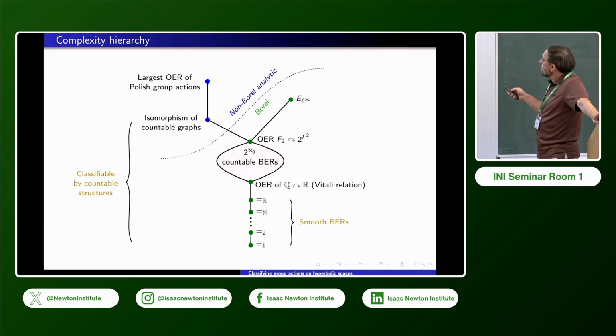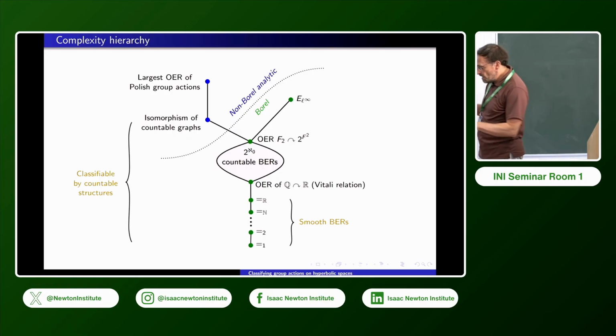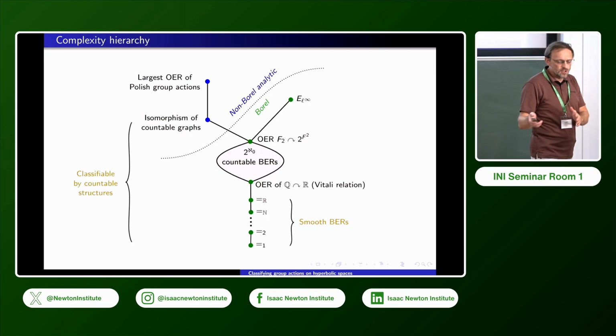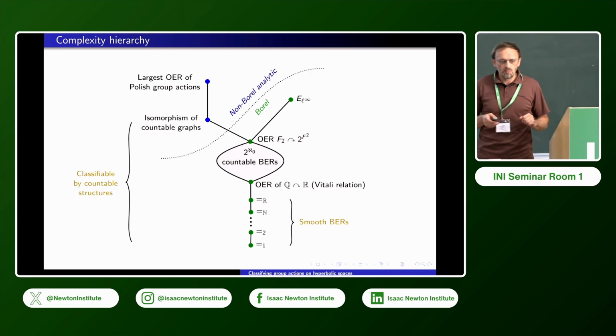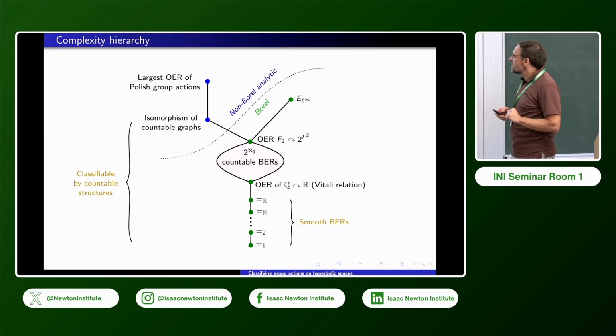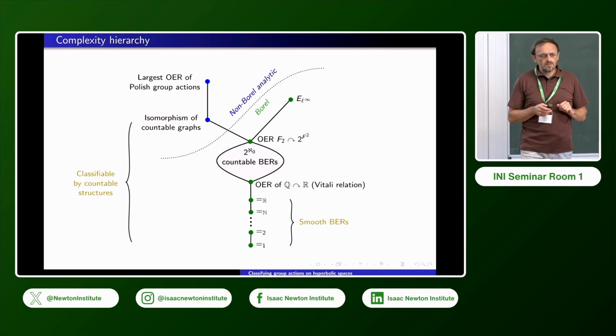There are some non-Borel relations. Some of them I have already mentioned, specifically the isomorphism of countable graphs. This equivalence relation is not Borel. It's the so-called analytic. And if you have any other classification problem which is reducible to the isomorphism problem of countable graphs, that classification problem is said to be classifiable by countable structures.